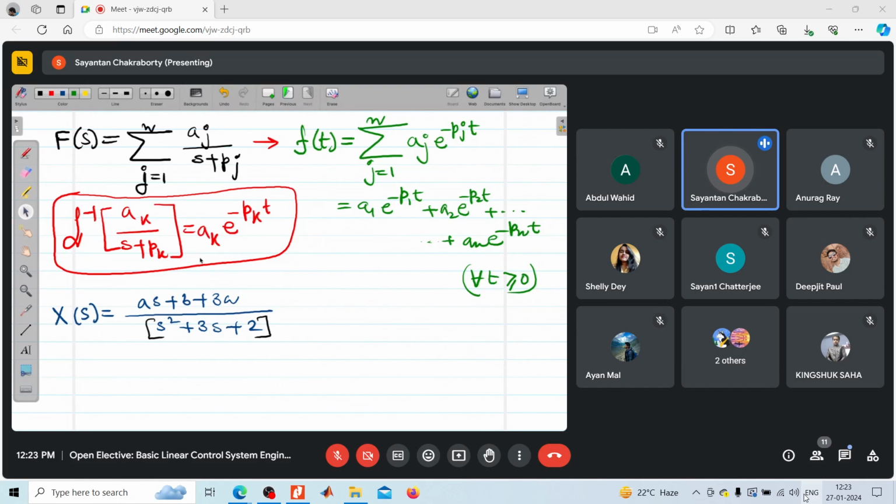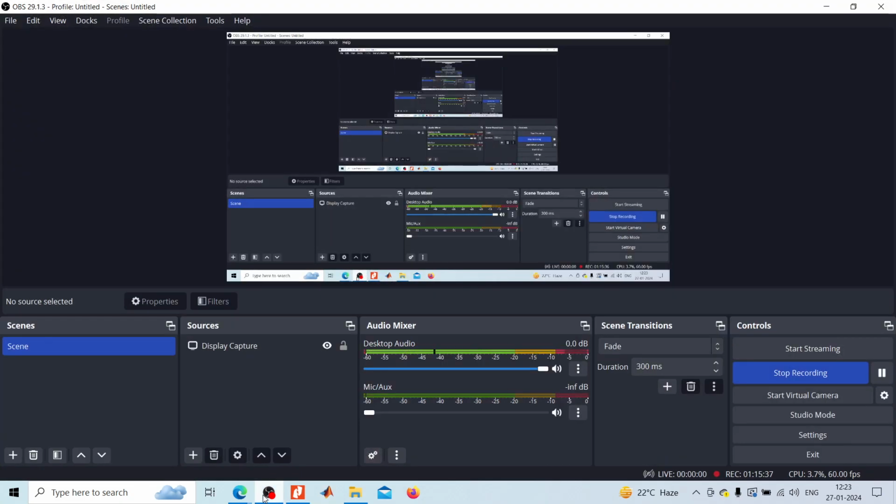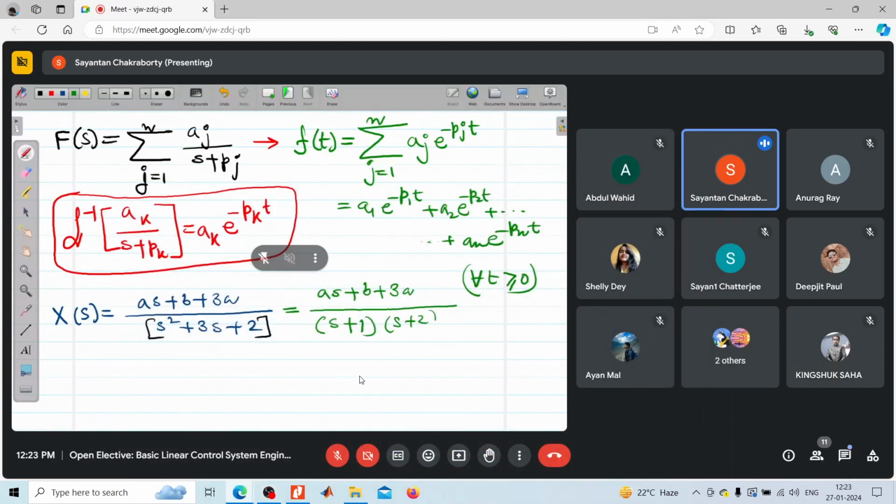Now, how do you calculate the partial fraction expansion for this? So this can be represented as (s plus b plus 3a) over the distinct poles s plus 1, s plus 2.